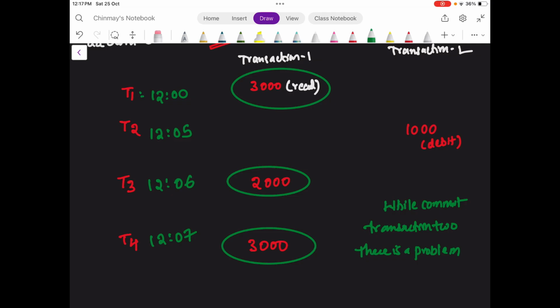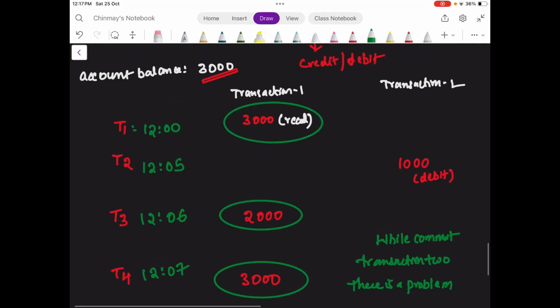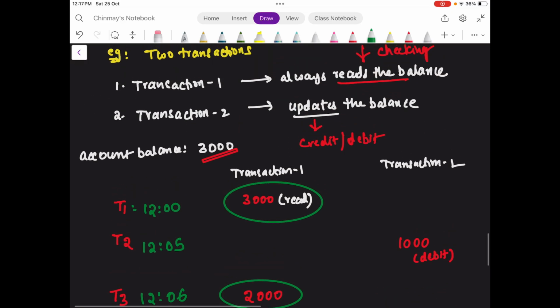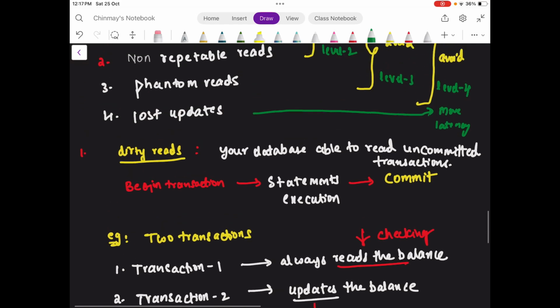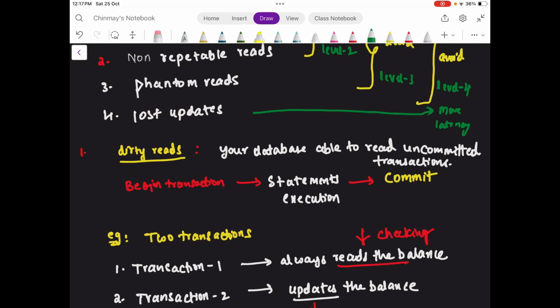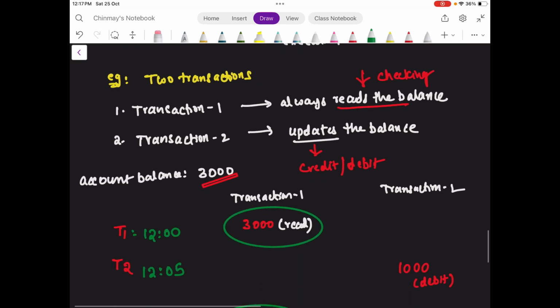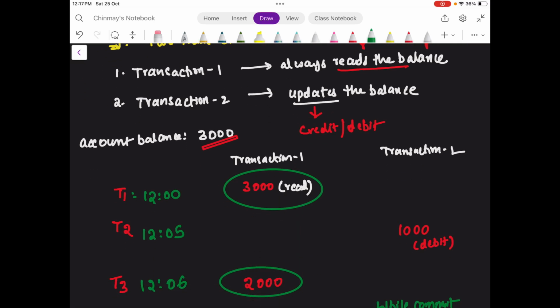Then what will happen? It creates an ambiguity. So this is a drawback of dirty reads. When your database is able to read uncommitted transactions, this becomes a huge problem. Okay, this is dirty reads.